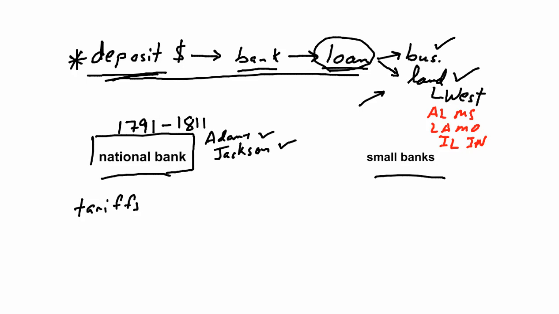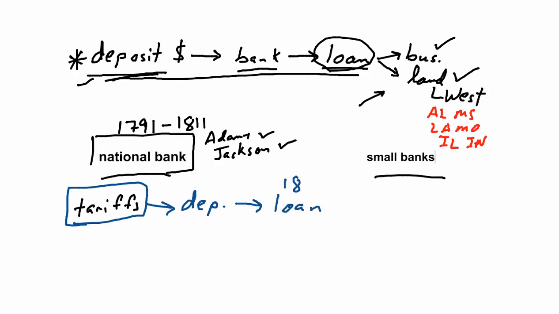So they don't just have average deposits, but they have tariff money, or revenue from taxes. And so these become a good portion of the deposits, and then the deposits are then loaned out.